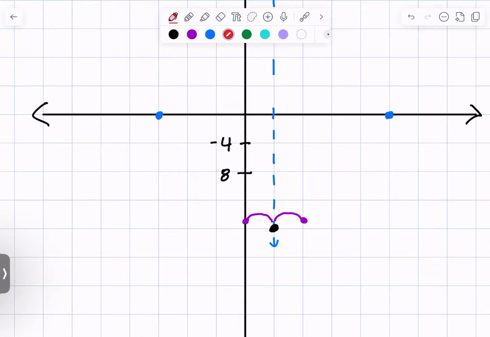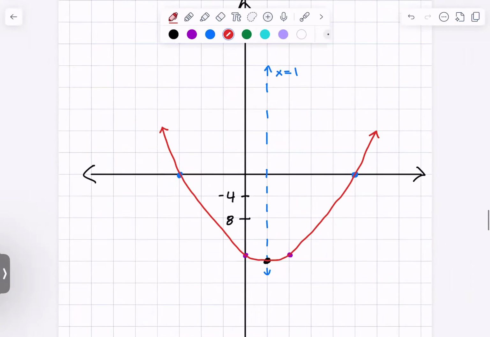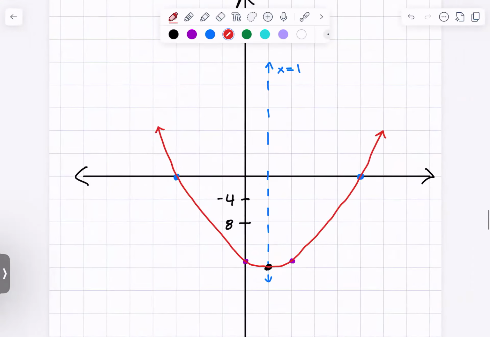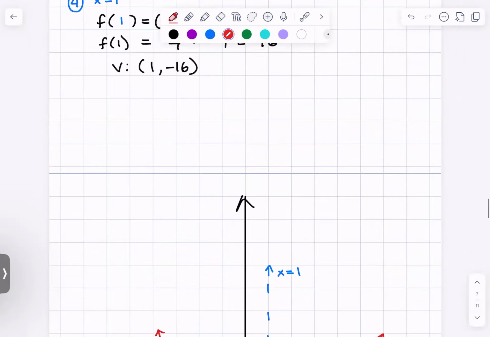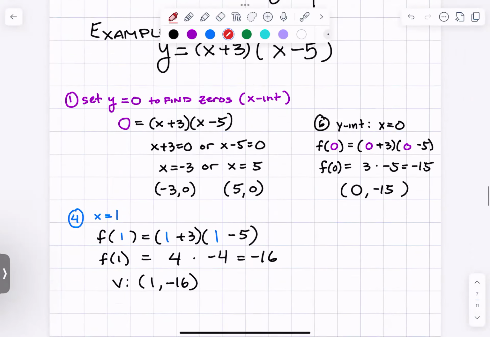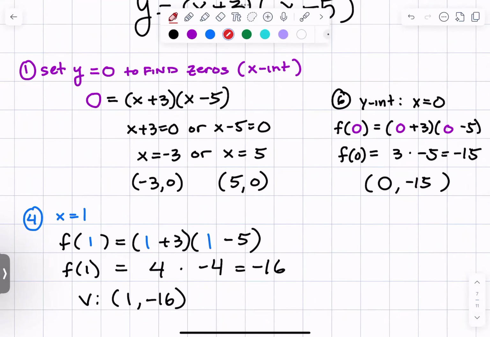And then I go ahead and I graph it out. Okay. So that's the work for this.